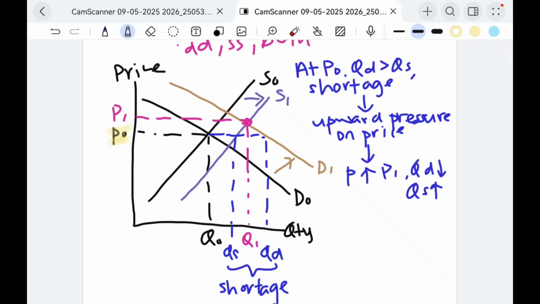So here, because at this point I have a shortage and at this point as well, you see that these two directions converge to meet at P1, where now your quantity demanded equals quantity supplied equals your new equilibrium. So here there is no more shortage already.